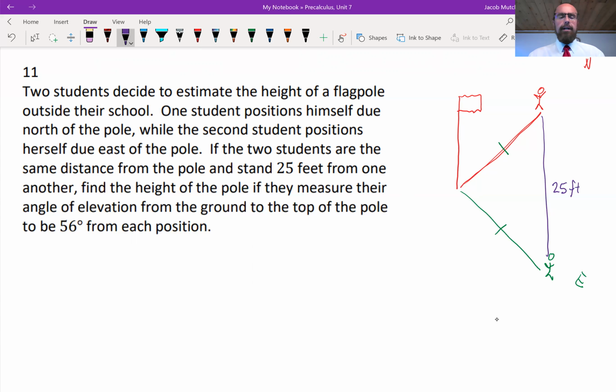We want to find the height of the pole if they both measure their angle of elevation from the ground to the top of the pole to be 56 degrees from each position. So lots of right triangles here. Essentially, this angle is 56 degrees. There's another angle here, but I don't want to add that because it's really going to crowd out my diagram.